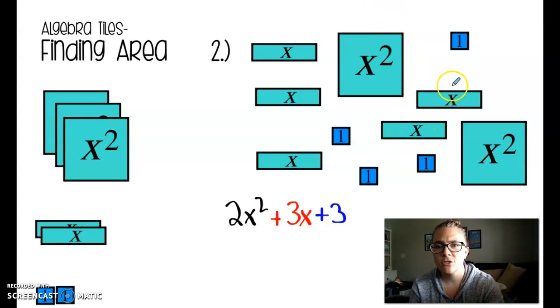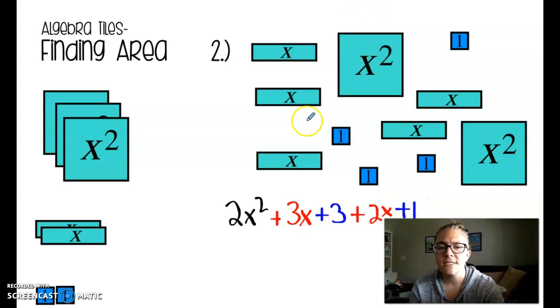Then I have 2 x's right here, so I have 2x tiles. And then I have 1 tile up here. So as we can see, I have an expression that has 2x squared plus 3x plus 3 plus 2x plus 1.